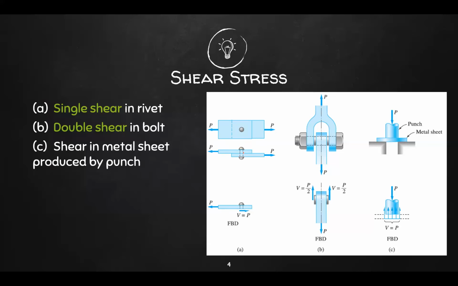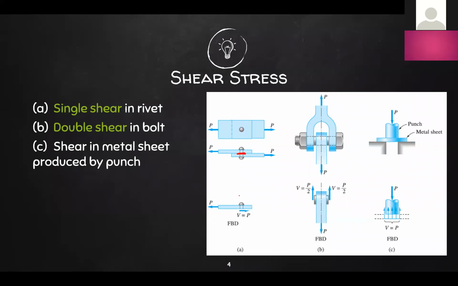Now, try to imagine when this happens, this part of your rivet is the one that's experiencing your shear force, right? Because this top part is sliding to the left, this bottom part is sliding to the right. And therefore, this portion of your area also experiences your shear force or shear stress.